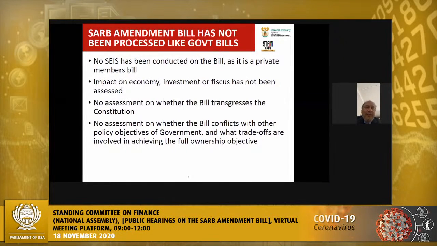If it came through the cabinet process, the state law advisers have to certify that it is constitutional before it gets to the committee. And there's no assessment on whether the bill conflicts with other policy objectives and trade-offs that are involved. In fact, some of the reforms we've started on how you resolve bank crises and so on will in effect be affected by this bill. Next slide.